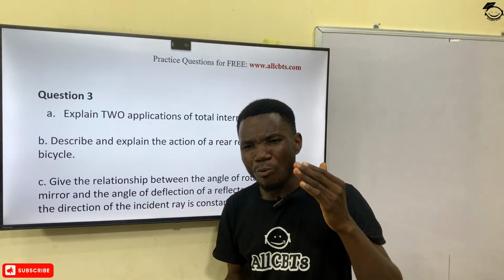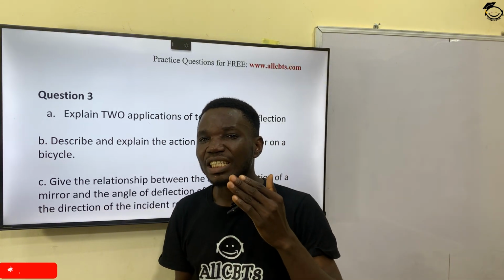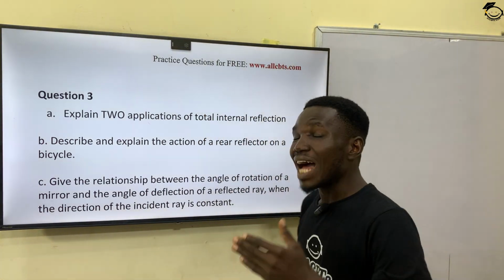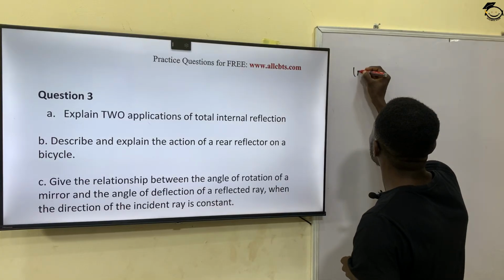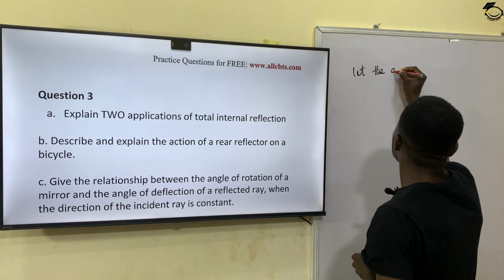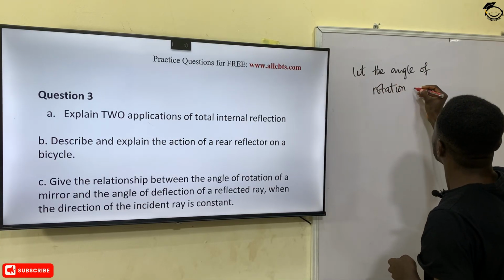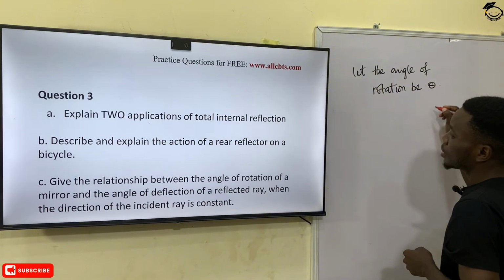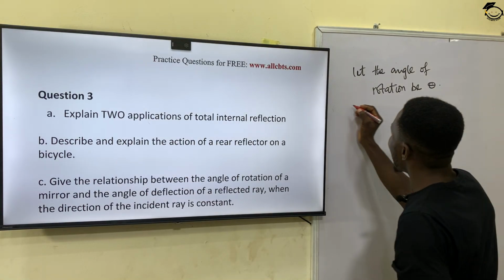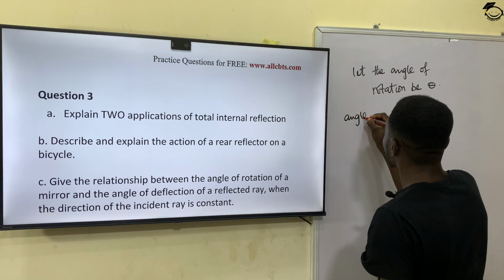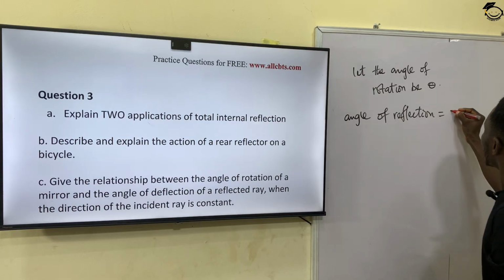So when a ray of light is incident on a surface and then it is reflected on a mirror, for example, and then it is rotated, let the angle of rotation be theta. So if the angle of rotation is theta, it means that the angle of reflection will be equal to 2 theta.